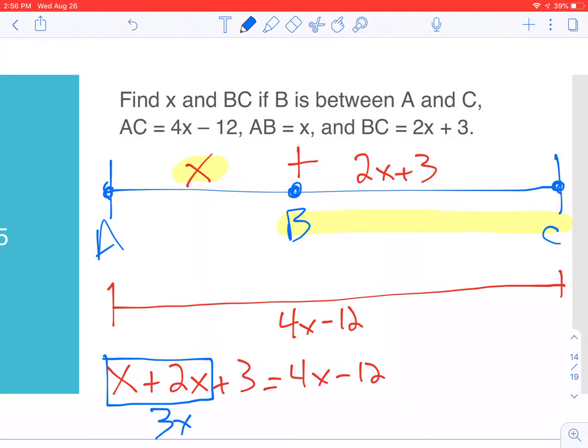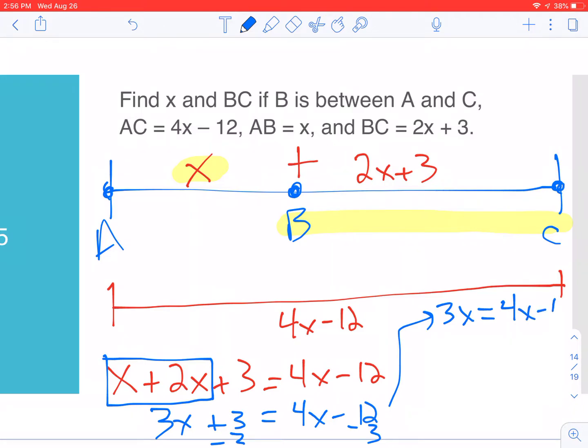So 3x plus 3 equals 4x minus 12. I'm going to subtract 3 and bring it over here because I'm running out of room. 3x equals, that 3 canceled, 4x minus 15. Negative 12 minus 3 is negative 15.